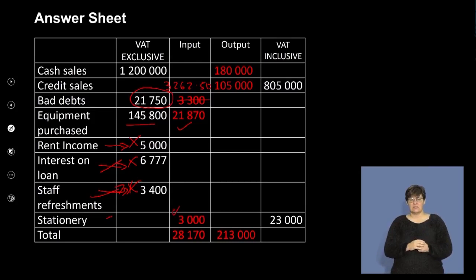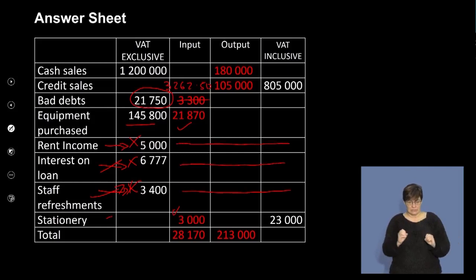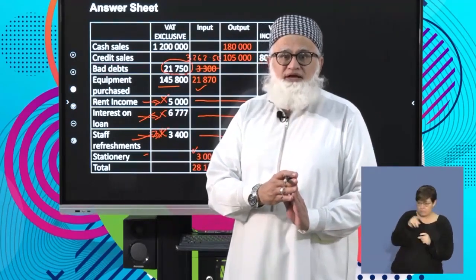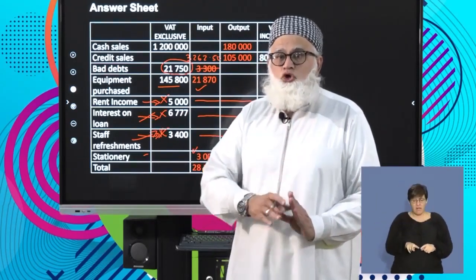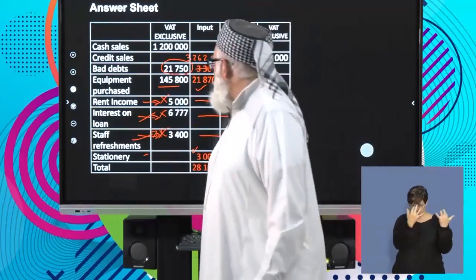We've calculated all the VAT amounts. Remember that for these amounts here, I'm going to draw a line indicating that there's no VAT necessary and no calculations necessary. So you need to read and see which items would impact on your VAT calculations and which items, for what reasons, would not impact on your VAT calculations.